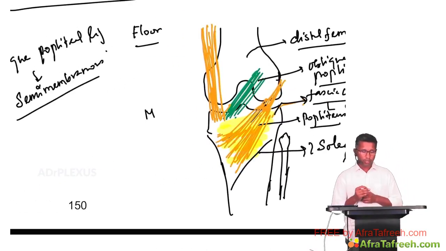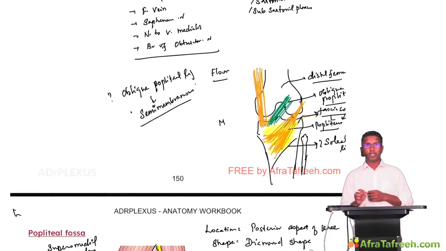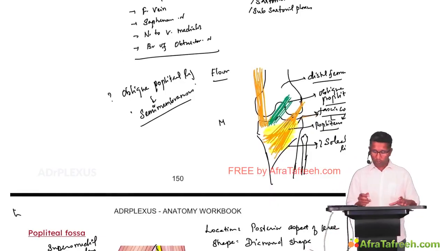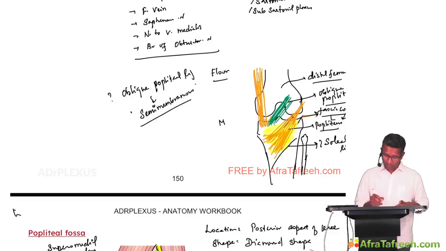Okay, so one more important MCQ, one more important topic in this region, is the structure which pierces the oblique popliteal ligament. This has been asked in previous years.